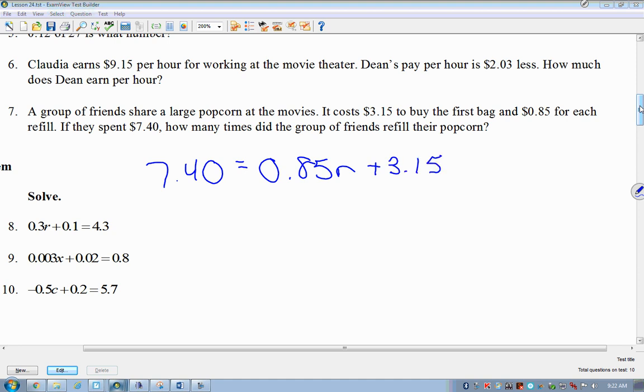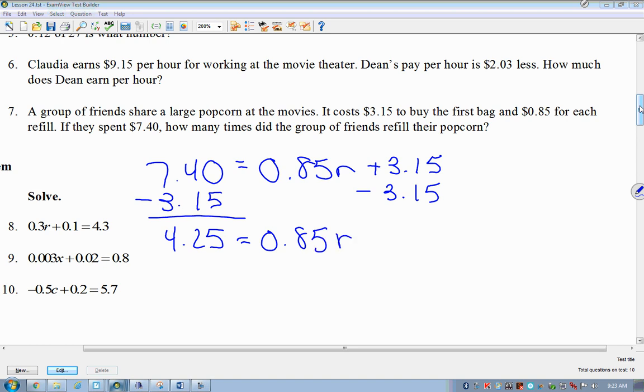That's very good. We're going to start by subtracting that initial bag of popcorn, right? So $7.40 minus 3.15, 4.25 equals 0.85R.